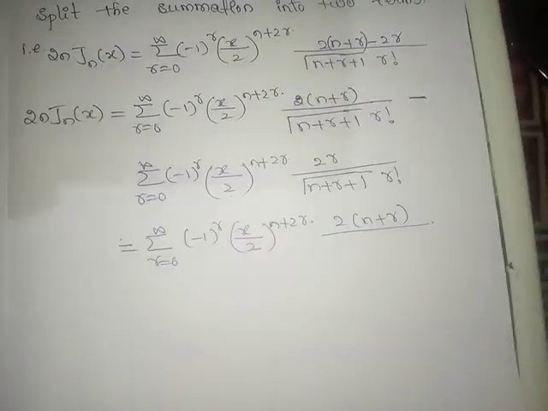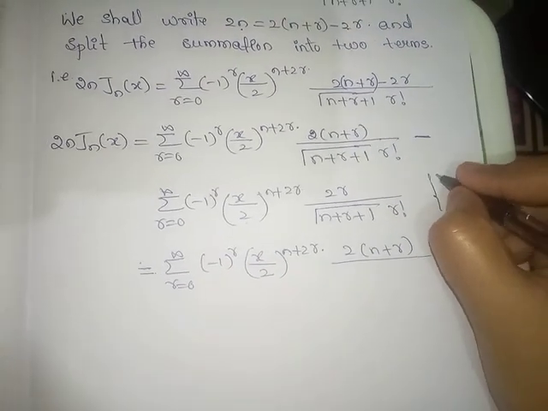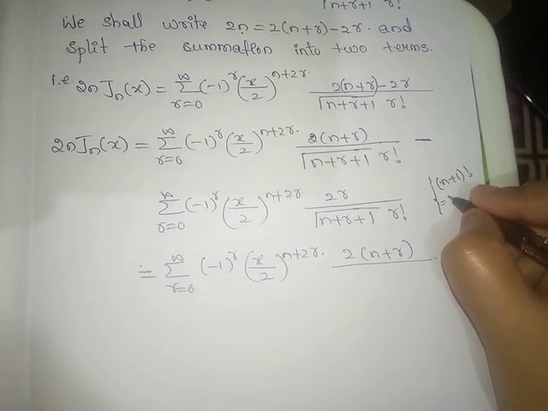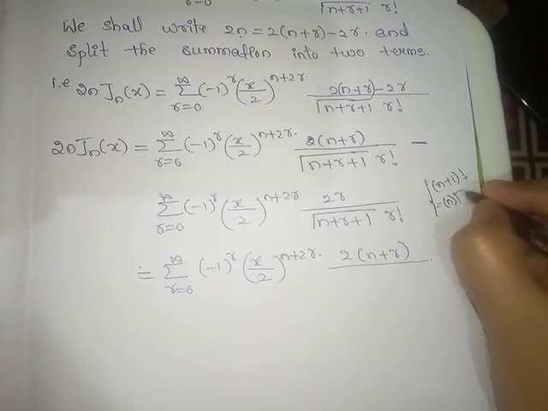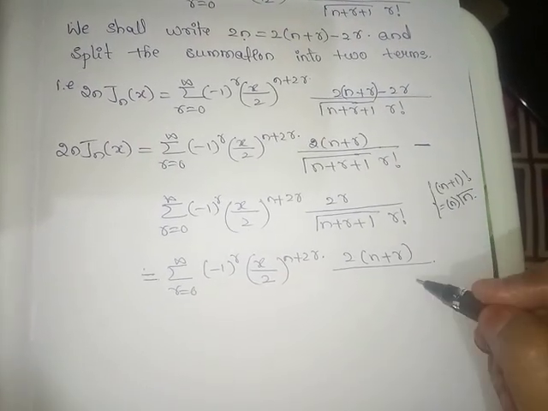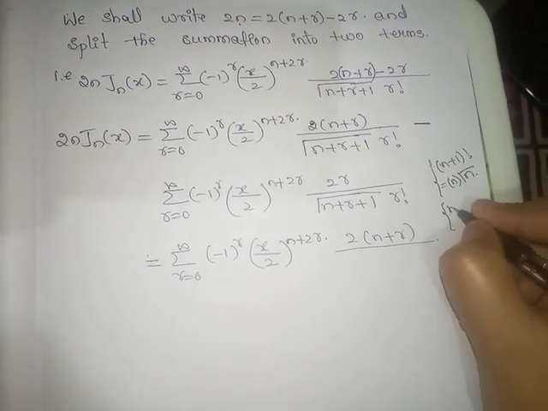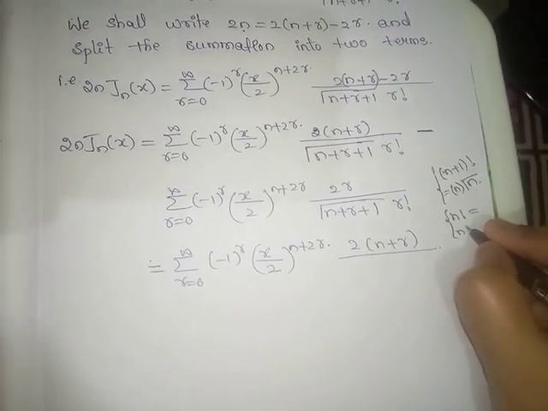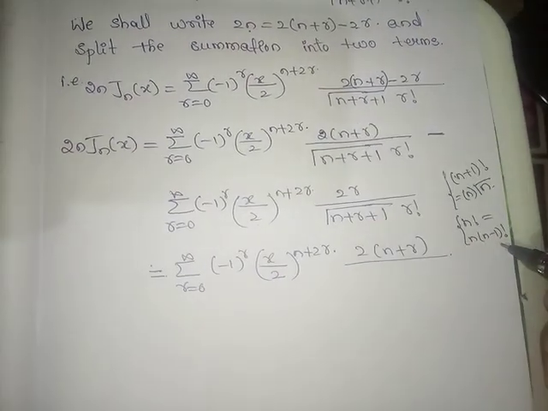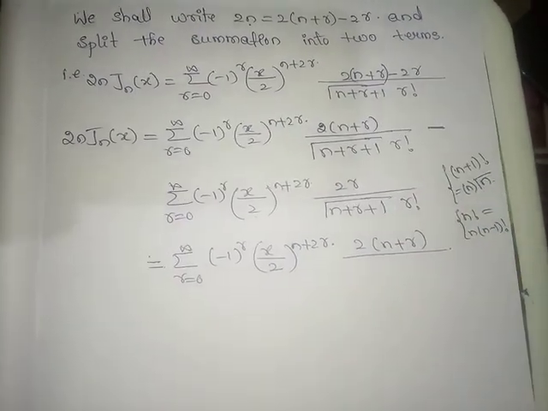What we know is that n plus 1 factorial is equal to n into gamma of n. And for the next term, we use the property that n factorial is equal to n into n minus 1 factorial. These two properties we use here. For the first term we use the first property, for the second term we use the second property.